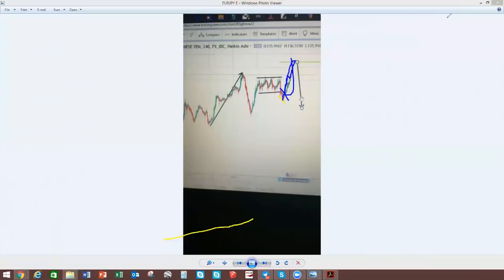But as you can see here, he was already anticipating this downside move because he could see what the wave count was. It was 1, 2, 3. So he could already see that we're going to get a big move to the downside. And we're going to get to EURJPY and show you that there's a very interesting trade happening here. That was before.